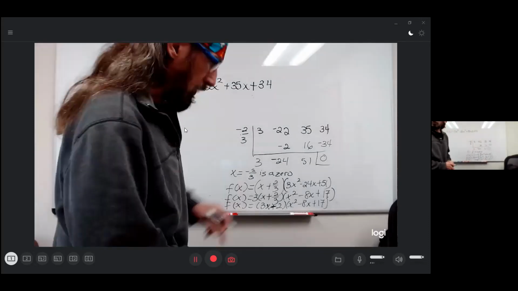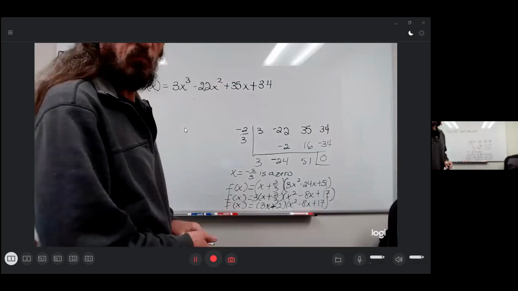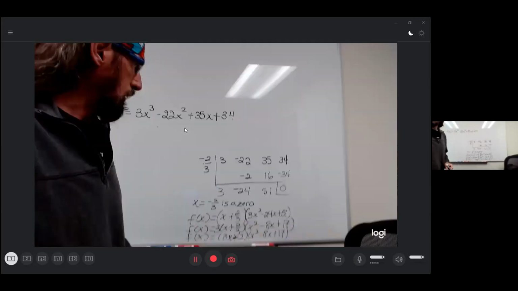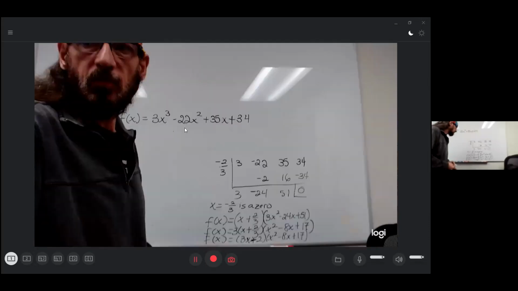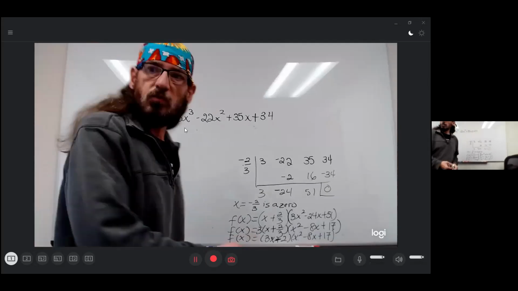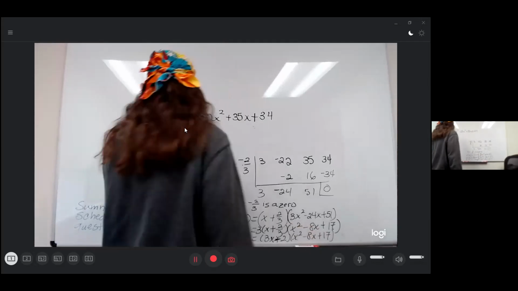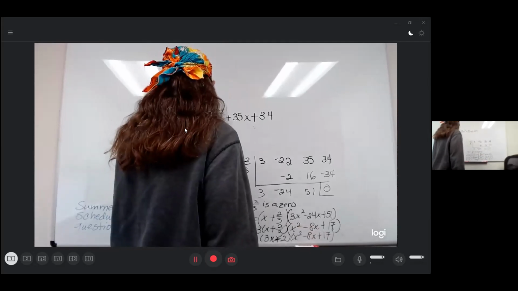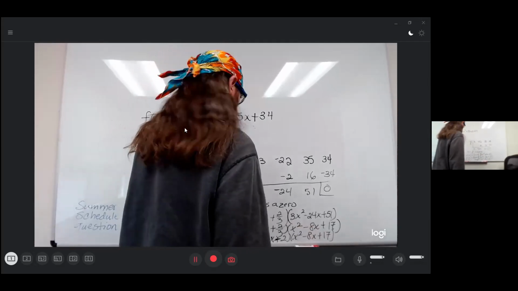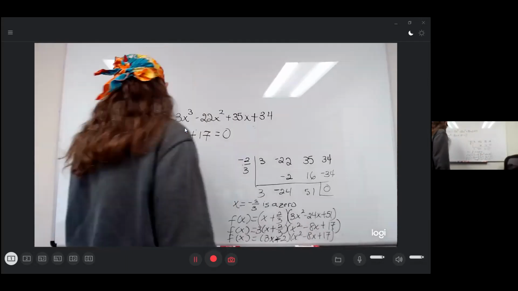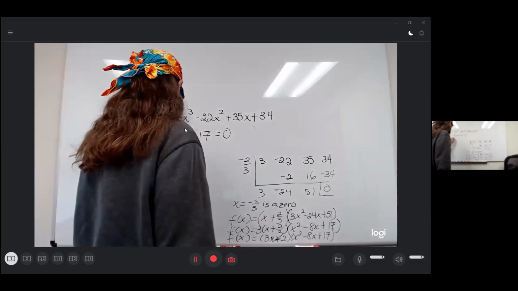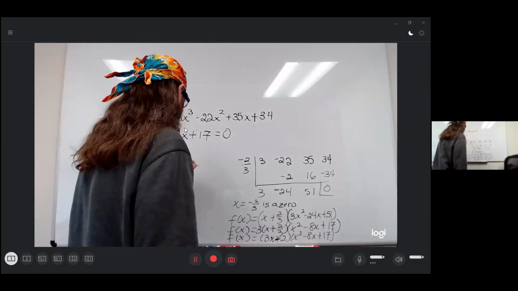You're not going to find a pair of numbers with a product of positive 17 that also adds up to negative 8. So you could either use the quadratic formula, or notice that that's almost the same as x squared minus 8x plus 16.